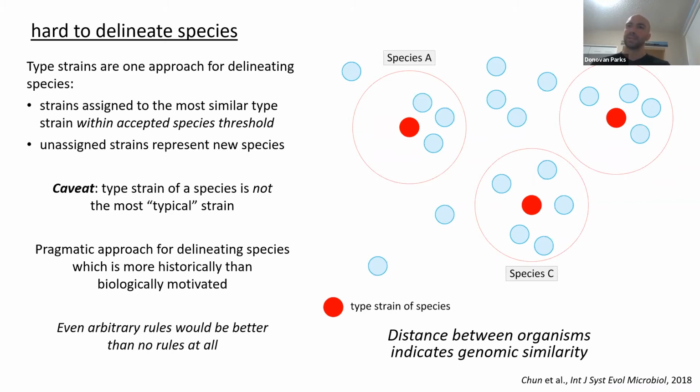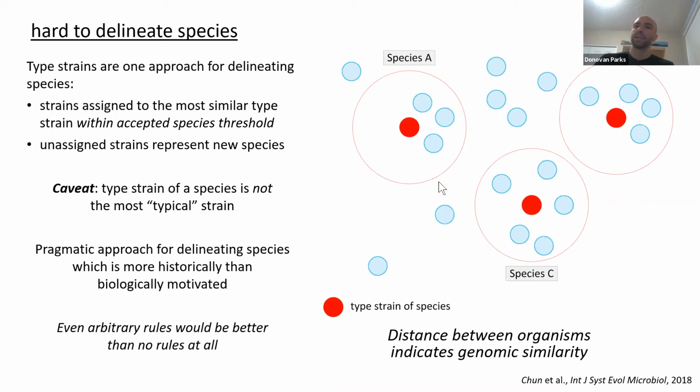So what you're seeing here is those same strains with just the type strain of each species highlighted. And then the idea is that you will just use a measure of genomic similarity, so again, perhaps average nucleotide identity, and some criteria of how similar a strain needs to be to the type strain for it to be considered part of that same species.